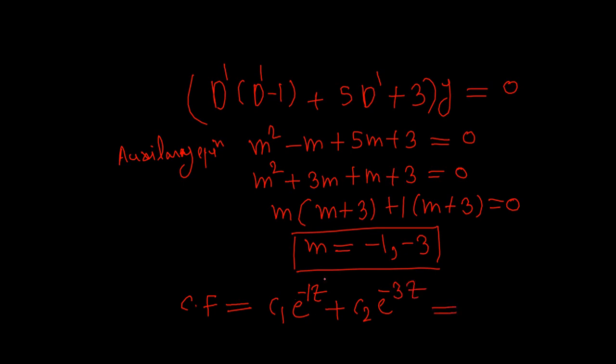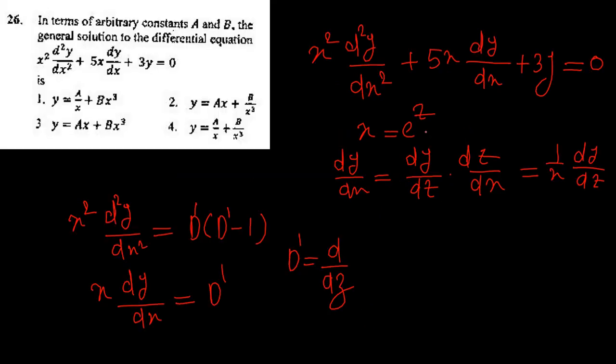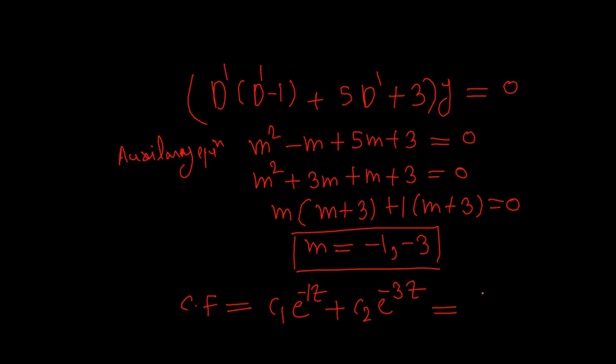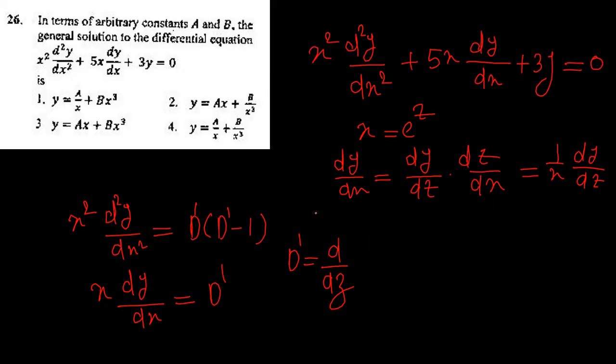Now replace e to the power minus z by 1 upon x. So you will get c1 upon x plus c2 upon x cube. So this is your answer. Let's check your answer. So option 4 will be correct.